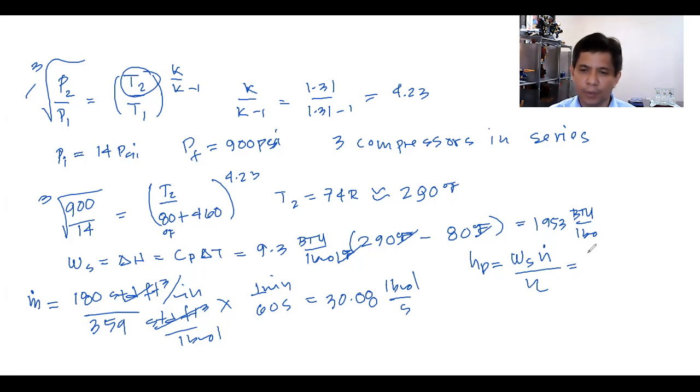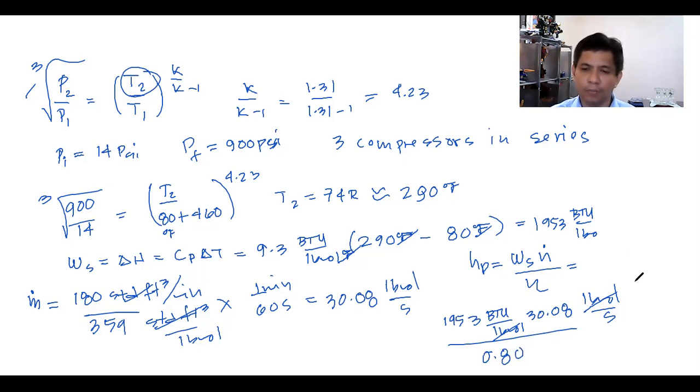We have 1,953 BTU per pound mole. So let's multiply that by 30.08 pound mole per second. So this will cancel out. BTU per second lang. Divided by the efficiency of 80%, 0.8.